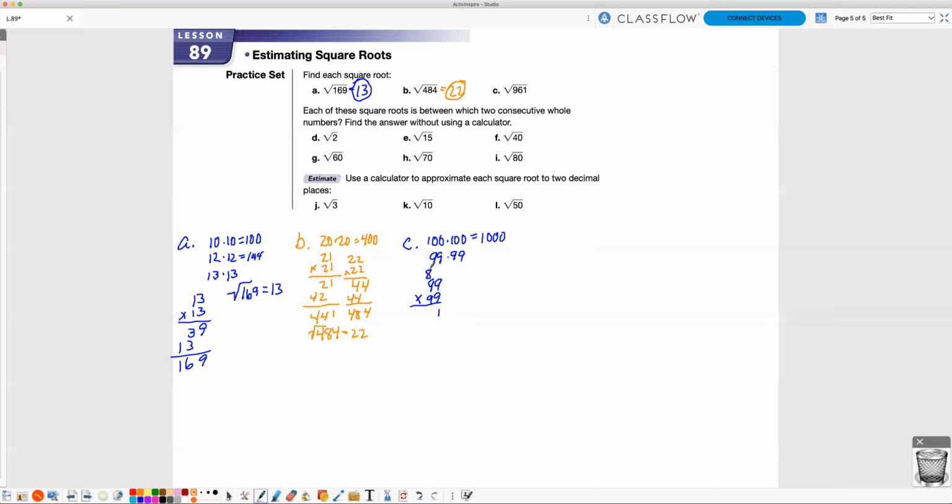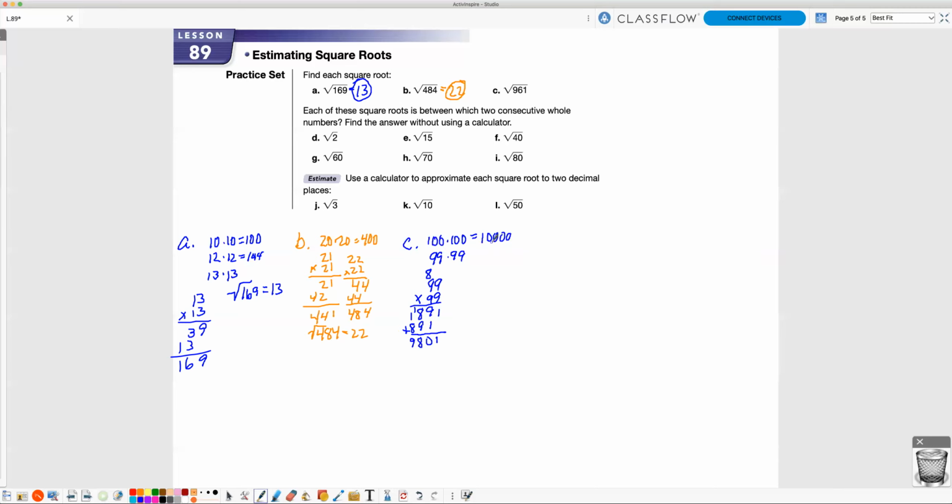This would be 81 plus 8 makes 89. Add those together, I'd end up with 9,800. So this one was 10,000.